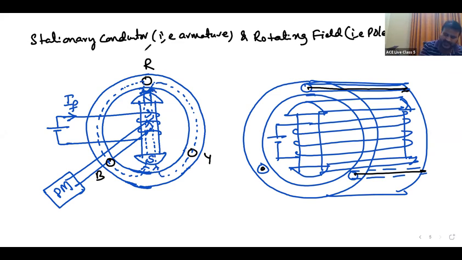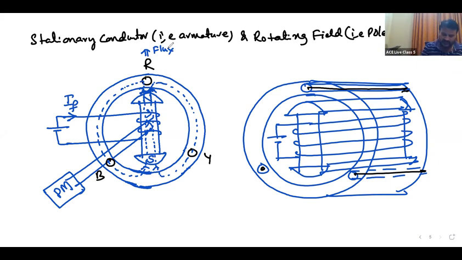Of course, it does not go outside the core; in the air gap the flux takes its return path through the stator core, so between stator and rotor the flux is in the upwards direction. Just for direction, I'm writing outside flux.